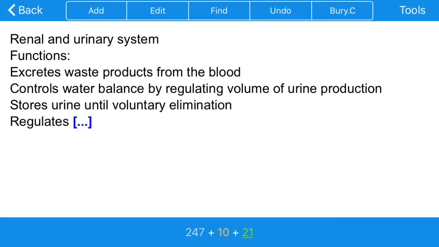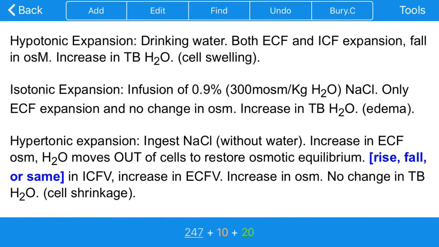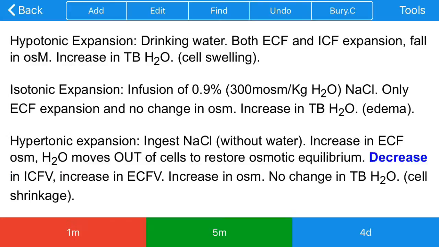Red blood cells. Blood ion concentration of the pH, right? Rise, fall, same. Osmotic equilibrium. Fall. Definitely fall.